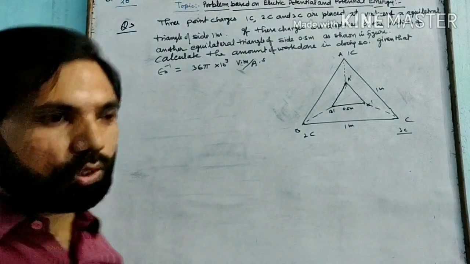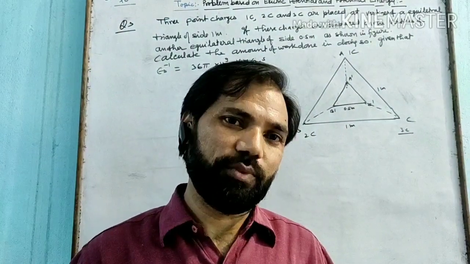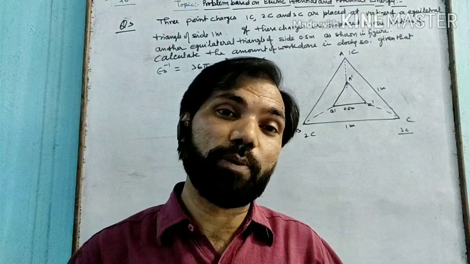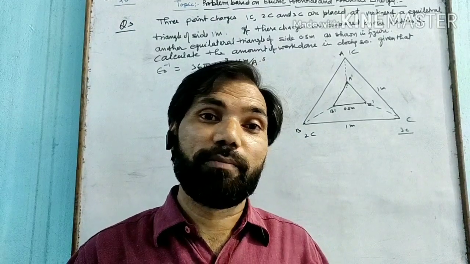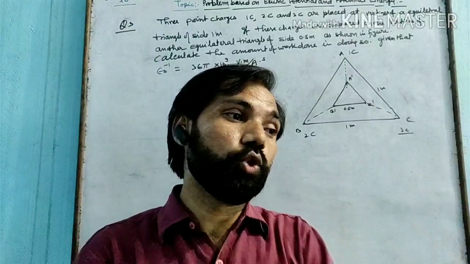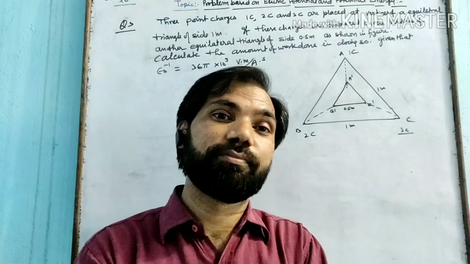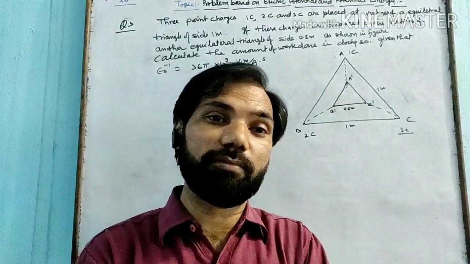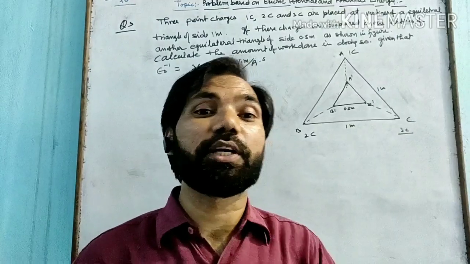Here we have to calculate the amount of work done directly. So as you know, for calculating the amount of work done, we have to know the potential and the charge, multiply them and we get the amount of work done. But here the situation is something different.